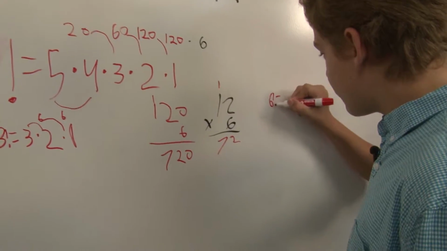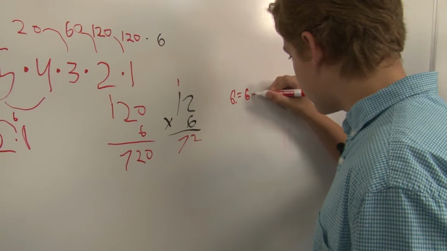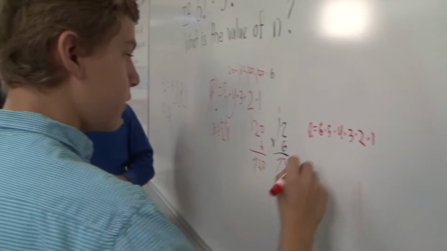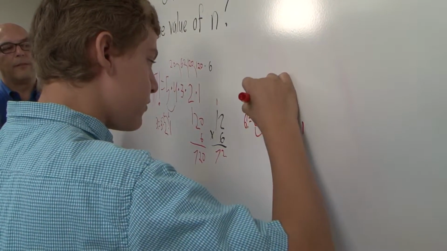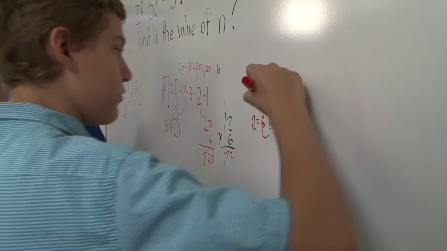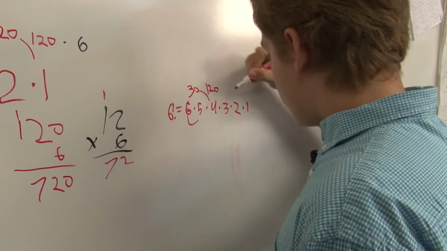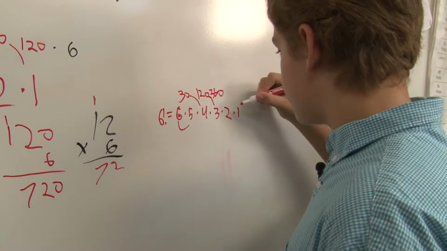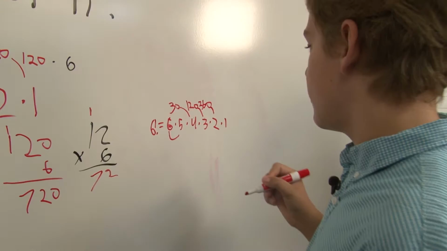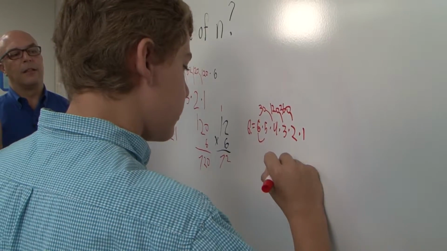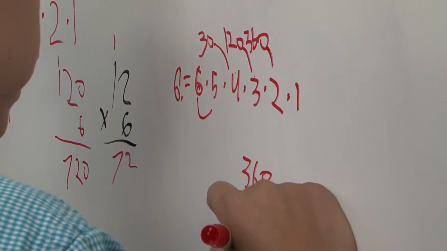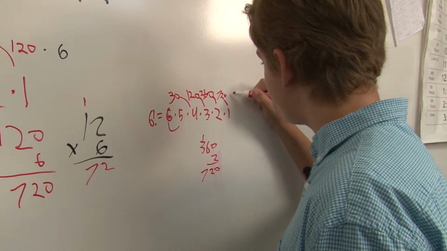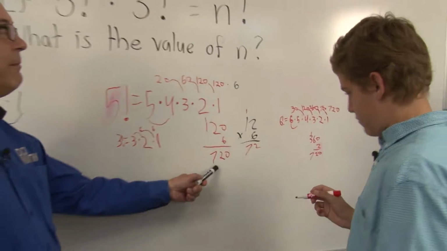So 6 factorial equals 6 times 5 times 4 times 3 times 2 times 1. 5 times 6, that will equal 30. 30 times 4, that'll equal 120. 120 times 3, that'll equal 360. 360 times 2, that'll equal 720. 720 times 1 is 720. And that's what we wanted, right? So the value of n is 6.